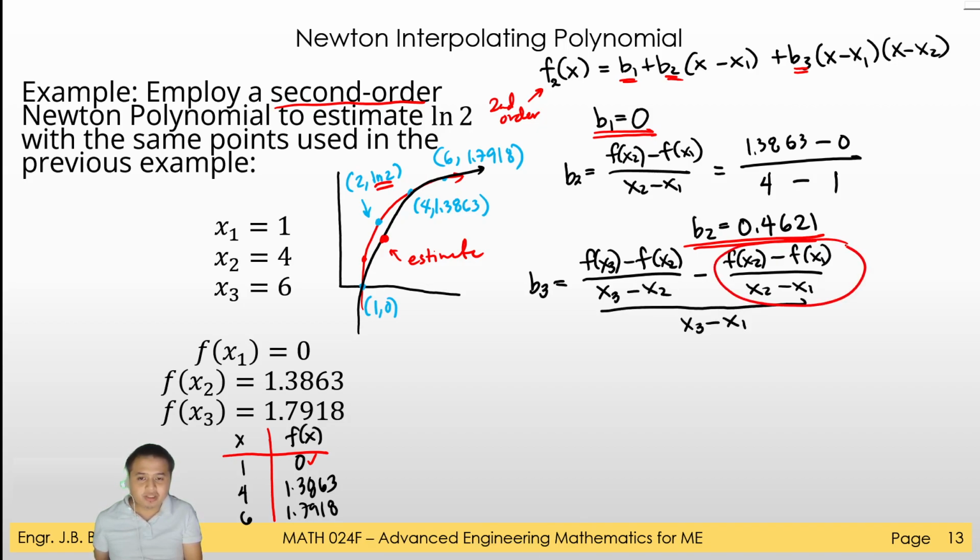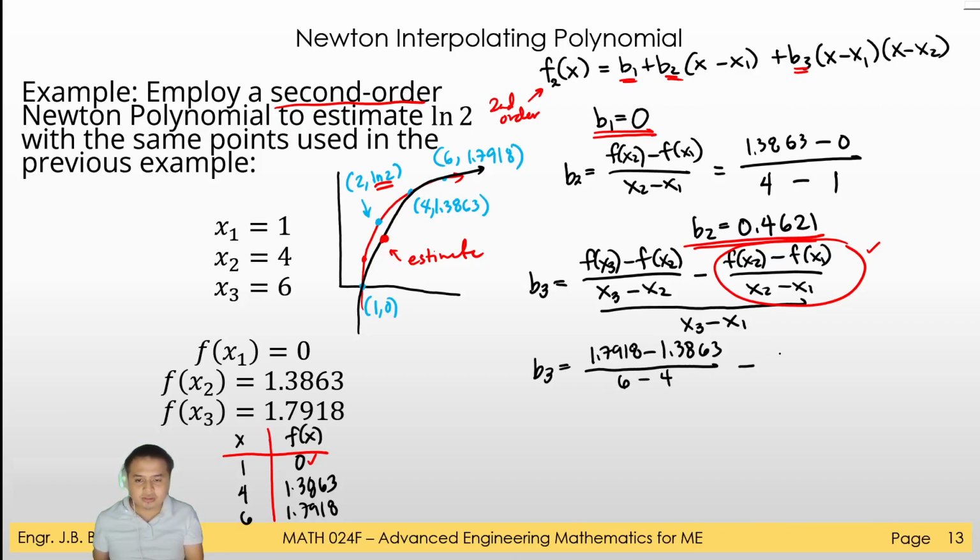So actually we calculated this already, which is equal to this, as you can see. So we're good with this. Okay, so we can just solve for this first term. So f of x3 is 1.7918, and then minus 1.3863, over x3 minus x2, which is 6 minus 4.